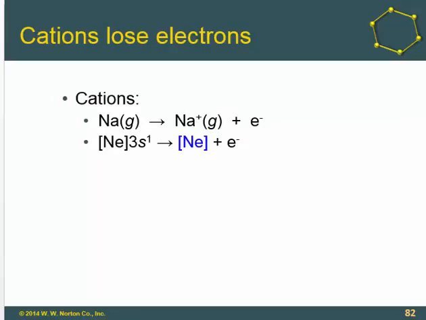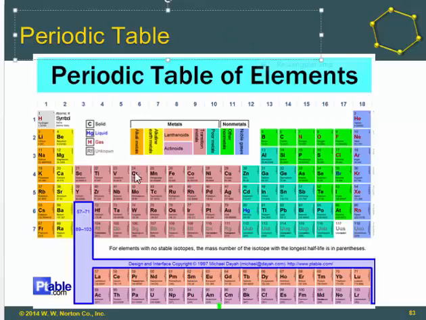So if we look at cations, cations lose electrons. Here's an example of a chemical reaction, if you will, of sodium losing an electron. If we look at the periodic table, sodium has 11 electrons. So here's sodium right here, number 11.